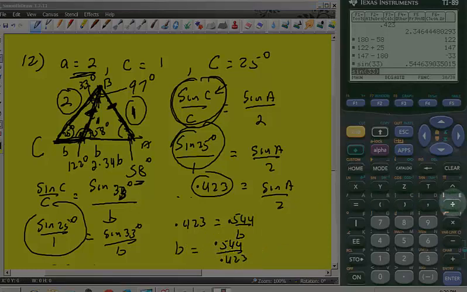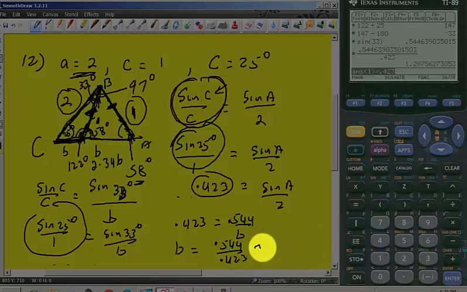So let's divide that by 0.423, hit enter, and this turns out to be 1.288. So I have a small side B, which is 1.288.